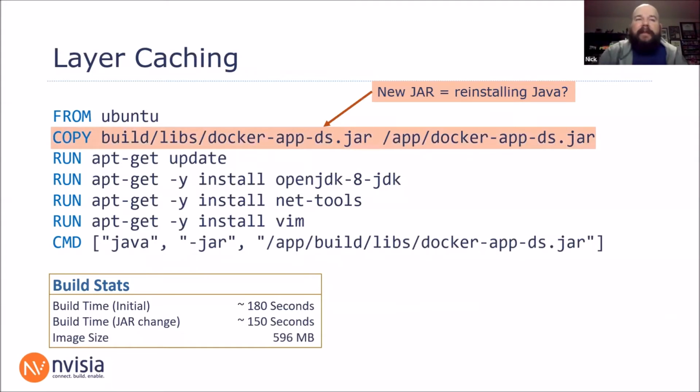Next problem we have is when you look at where we have this copy, it's at the top of the Dockerfile. The problem with this is when you're looking at this, it means that every time we have a new version of our jar, we have to reinstall Java, which just doesn't seem right, does it?